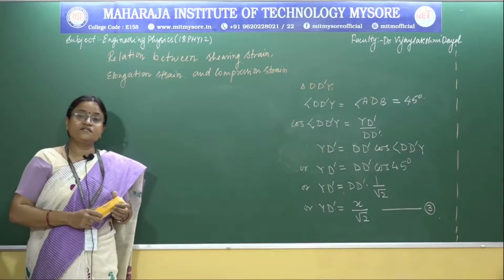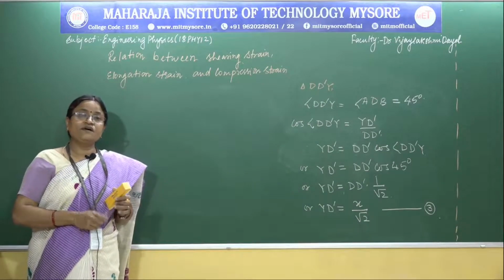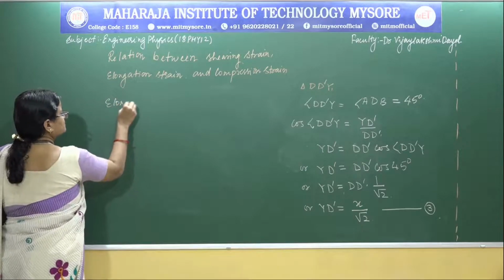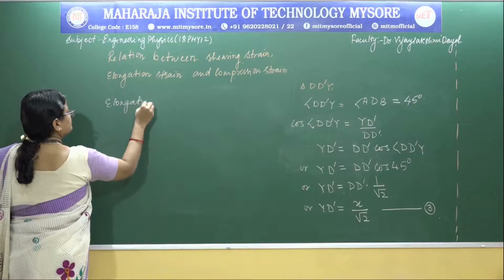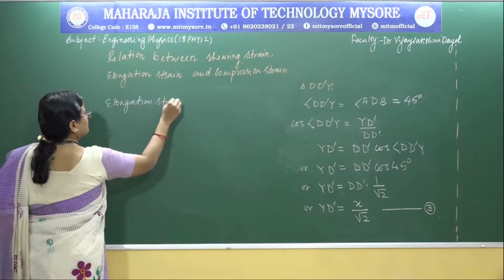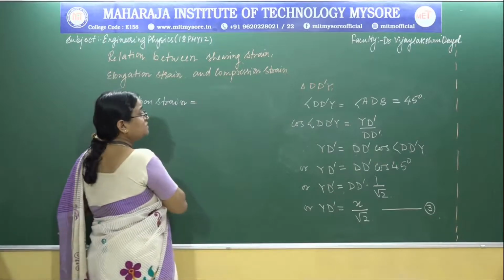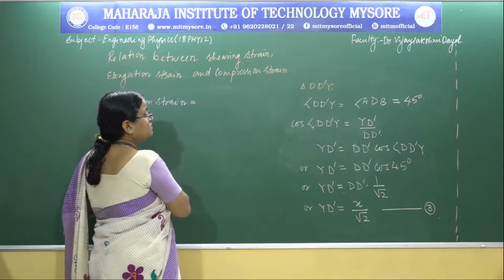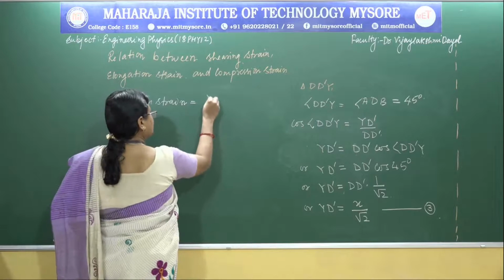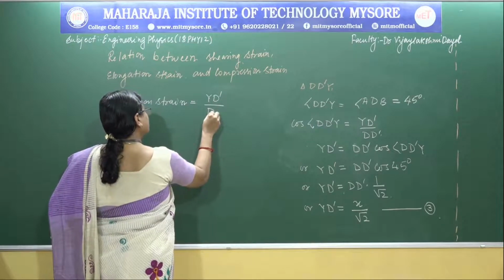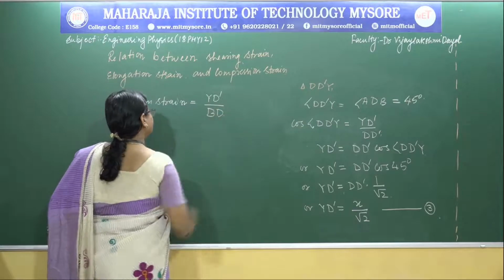Now if we consider the previous equation of elongation strain, which we wrote as change by original, that is YD dash by BD.